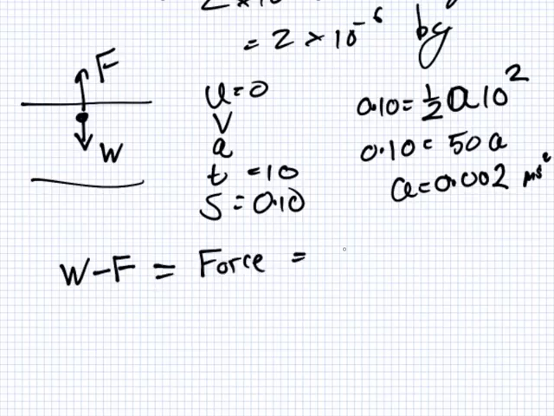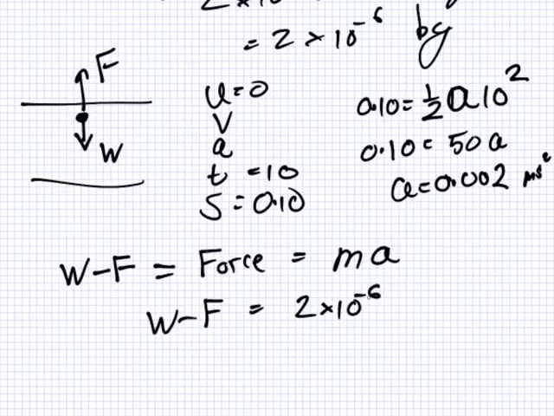But Newton says force is ma. So W minus F equals 2 times 10 to the minus 6 times 0.002. W is mg and F is EQ.